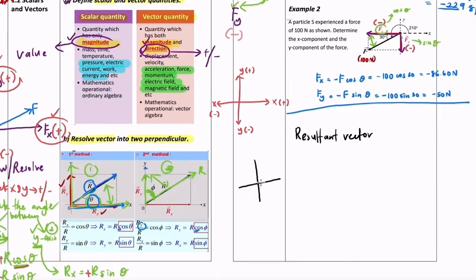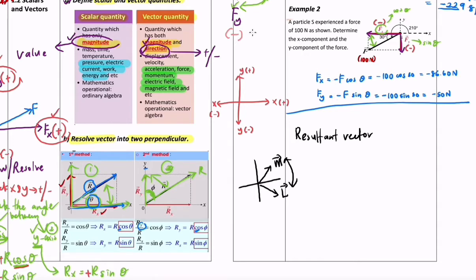Kita ada satu vektor, mesti tak dia sebagai m ke atas, lagi satu vektor l ke bawah. Okay, resultant vector adalah sum of, bila kita tambah m dan l ni, kita akan dapat sum of total vector tu menjadi apa.